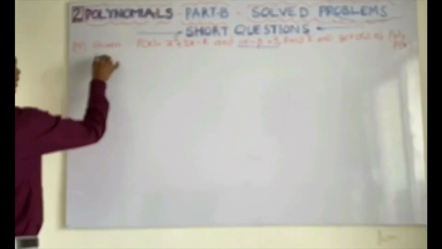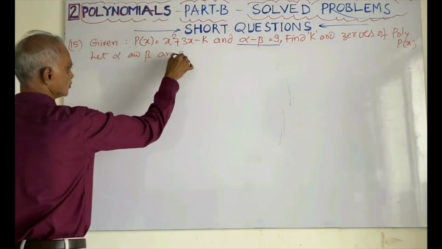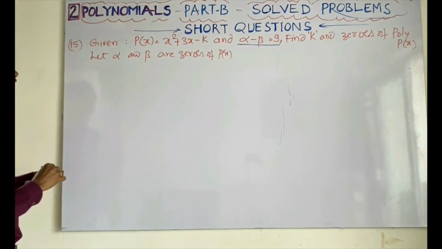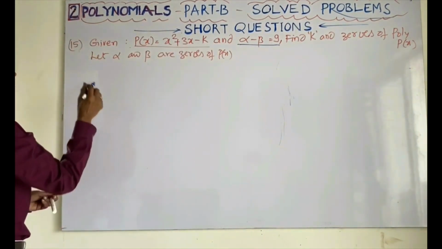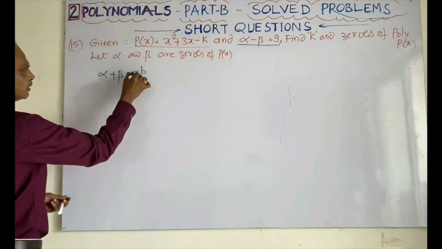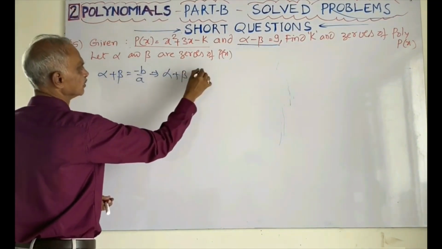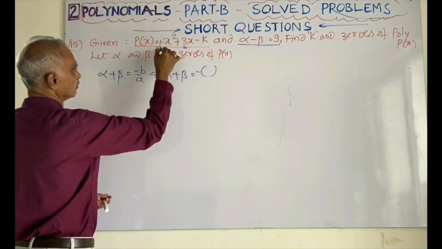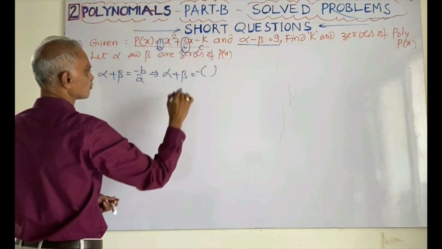Let alpha and beta be zeros of polynomial P of x. We have polynomial P of x, x square plus 3x minus k. What is the sum of zeros? Alpha plus beta is minus b by a. What is b here? A is 1, b is 3, c is minus k.